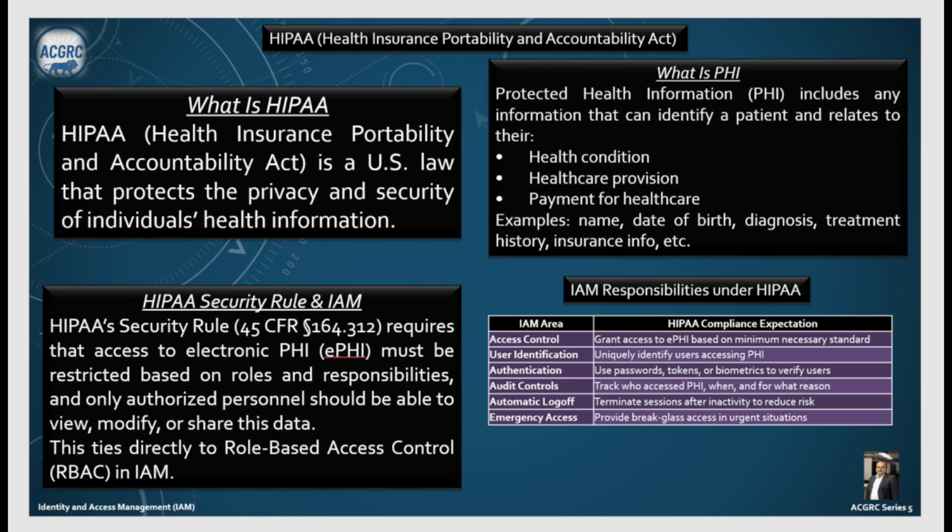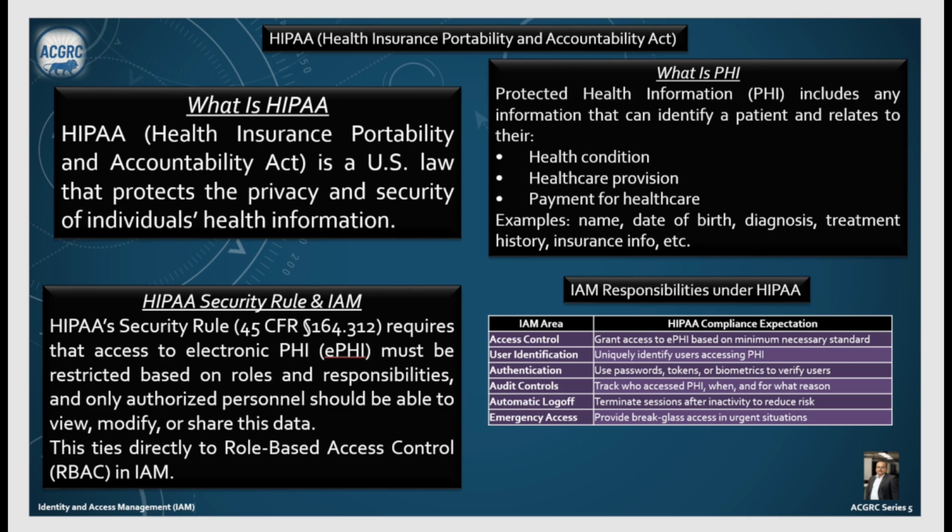And what is PHI? PHI, or Protected Health Information, includes any information that can identify a patient and relate to their health condition, health provision, payments for healthcare. Example: name, date of birth, diagnosis, treatment history, insurance info, etc.